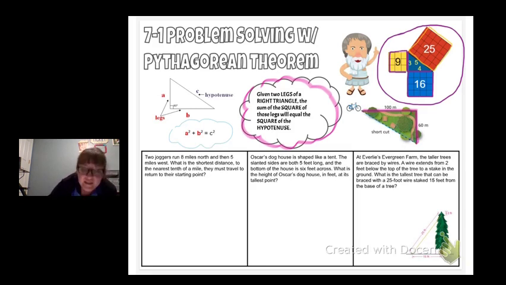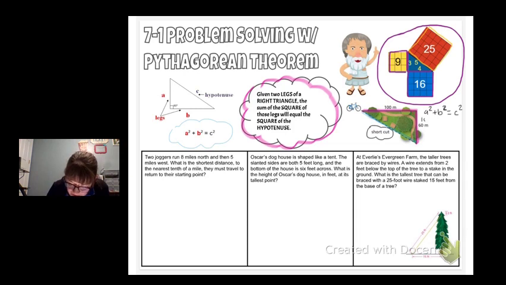So that's the shortest distance between those two places. And I could use the Pythagorean theorem to find the distance of the shortcut, because I could say that a squared plus b squared equals c squared. So in this case, I know the two legs and I'm looking for the hypotenuse.